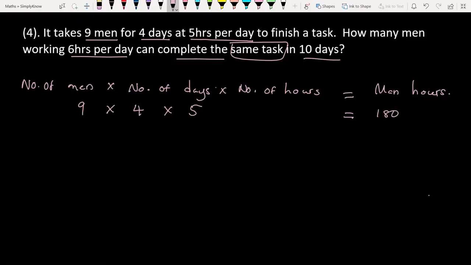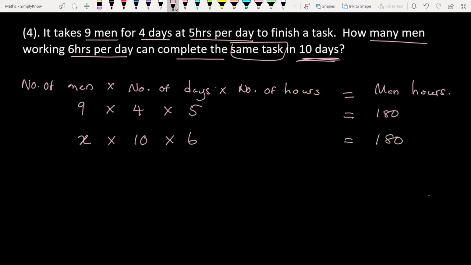Then for the next situation, we need to find how many men. So let's put X for number of men. And how many days do they work? They work for 10 days. Times 10 times how many hours do they work per day? 6 hours per day. And they are going to complete the same task, which means 180 man hours.